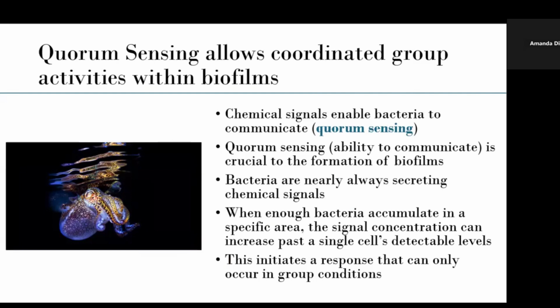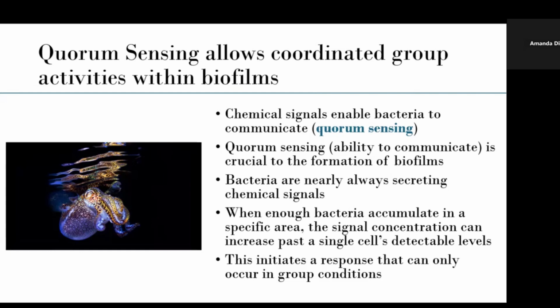Bacteria are constantly secreting chemicals that correspond to an action the cell can take. But because they're constantly secreting them, they don't want to bind their own signal and start doing something when they're not supposed to. So since they're always secreting it, these chemicals won't bind and begin to cause a change in genetic expression until the signal reaches a certain concentration.